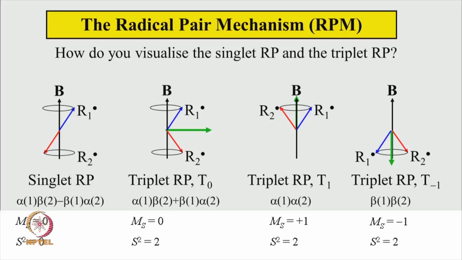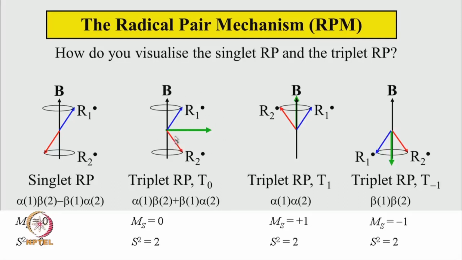But the triplet state with a 0 component of magnetization along this direction has this sort of spin orientation, because the net is given by this green arrow. This has S squared which is 2, so the green is present here. Here there is no green because S squared is 0. So, the way R1 and R2 are oriented, the net component along this direction is 0, but it still has a net component in this direction. So, this is the triplet radical pair.